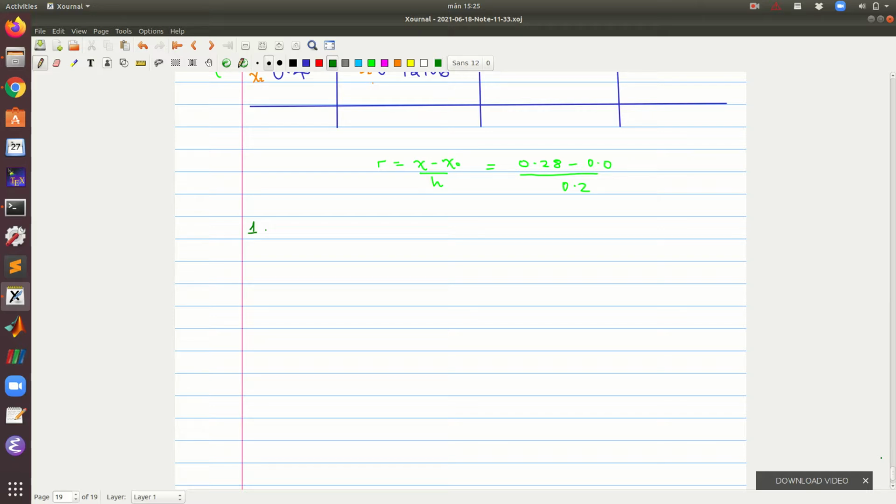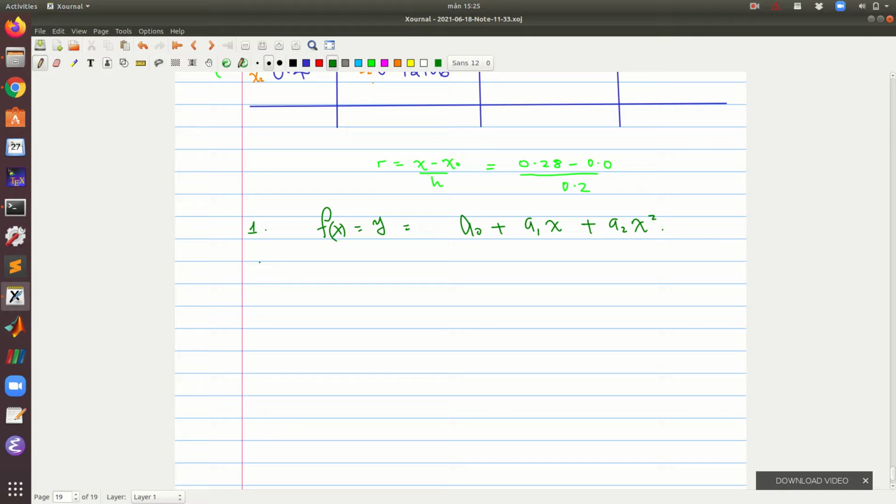So what we can do is to write down our equation y or f of x, whatever we want, in the form of a0 plus a1 times x plus a2 times x squared.